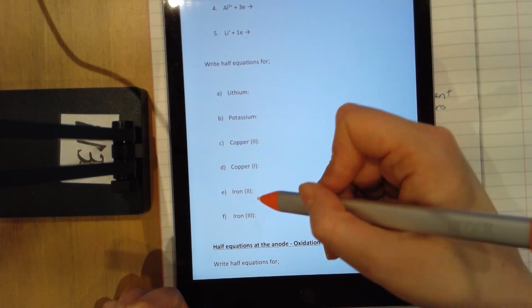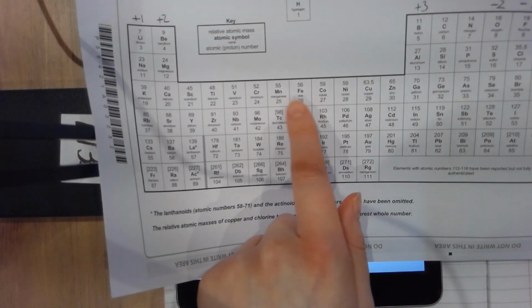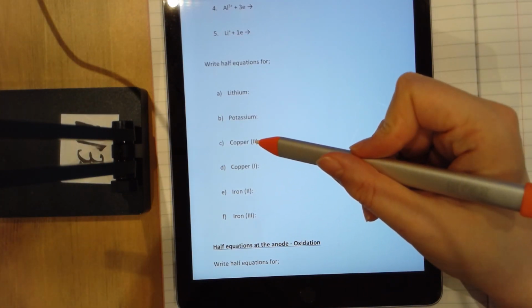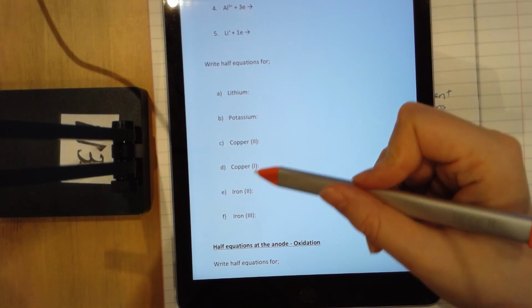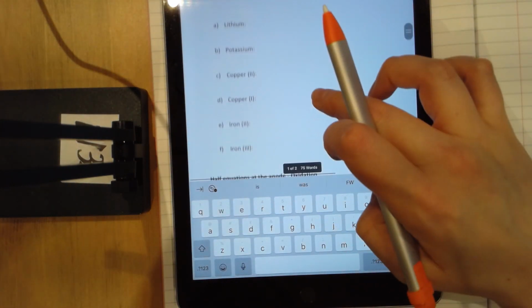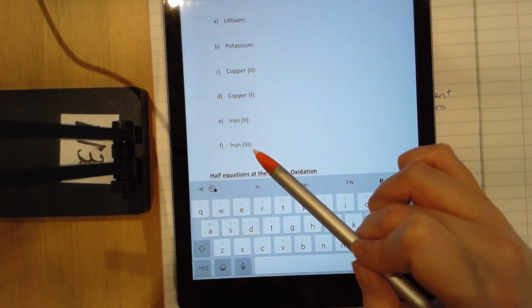When you get down to copper and iron, these are transition elements. So you've got copper here and iron here. You can't just look at the periodic table and figure out the charge, but I've told you in brackets that it's copper 2, here that it's copper 1, here that it's iron 2, and here that the last one is iron 3. So the number in the bracket tells you the charge.